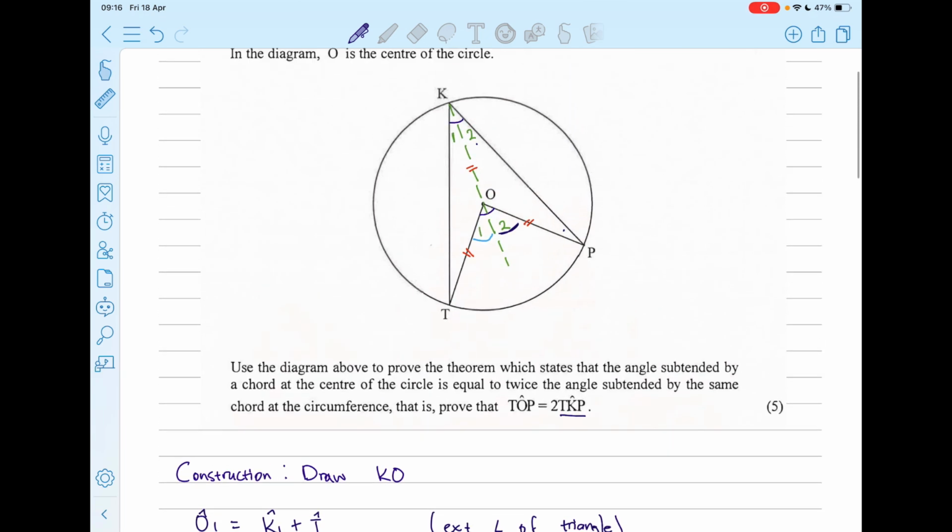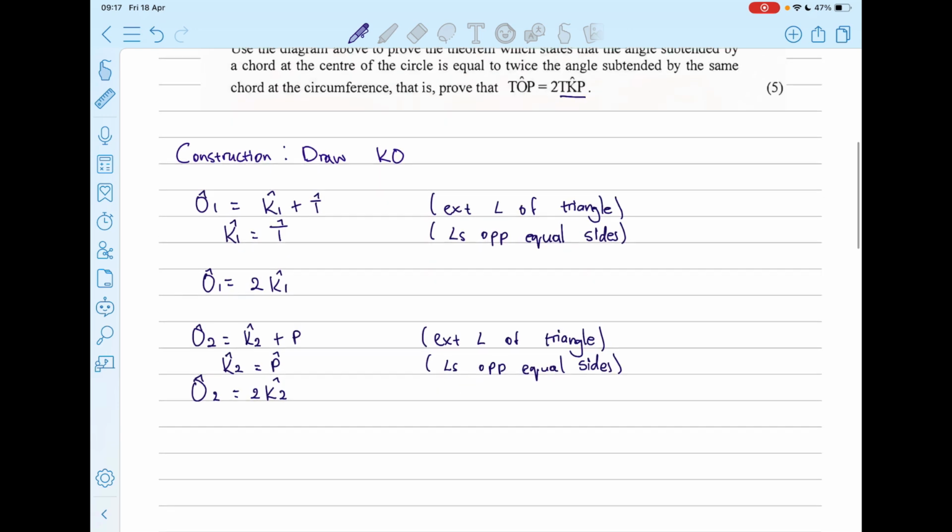All right, now back to our diagram. We've found an equation for O1 and something for O2. Let's combine them because O1 and O2 are what create TOP.